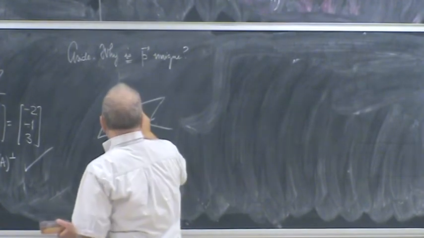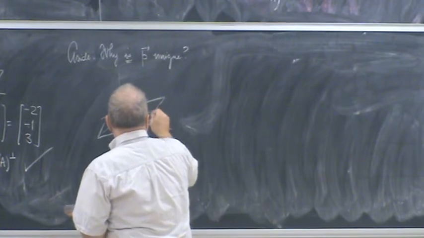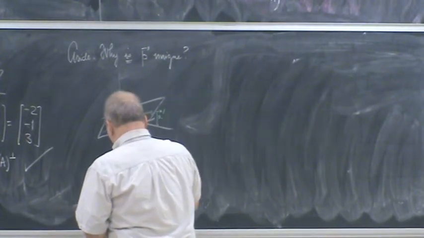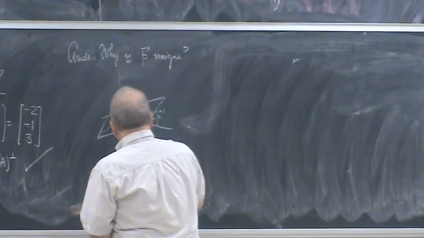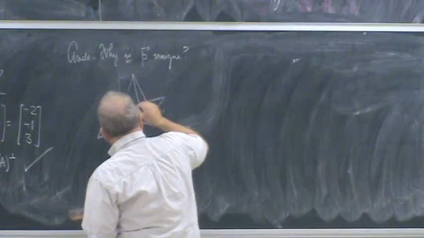It's got to do with dimensions. Could you, P prime, why couldn't you have two different vectors that both had the property that B minus those guys are both perpendicular?